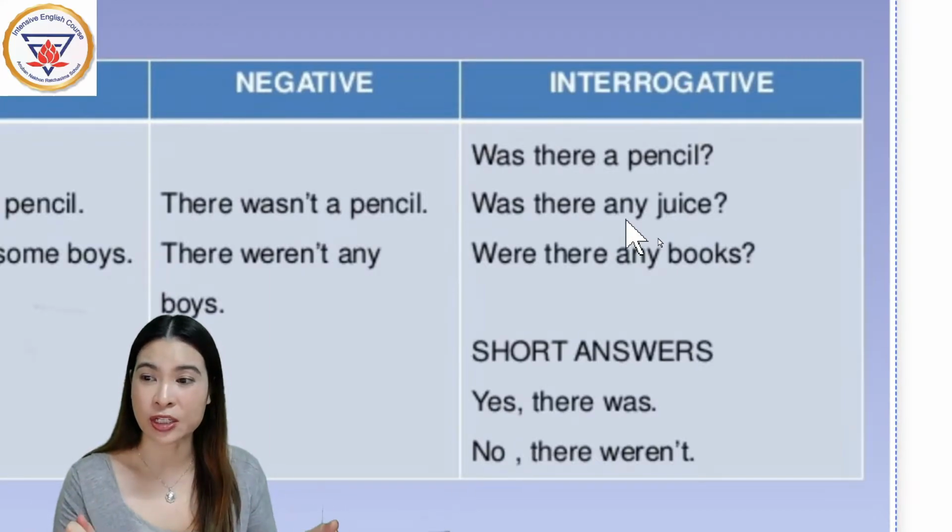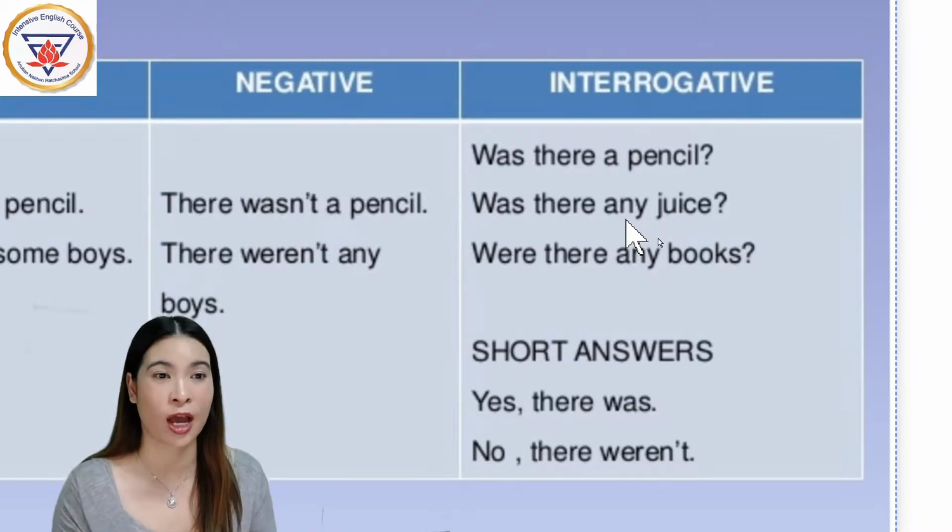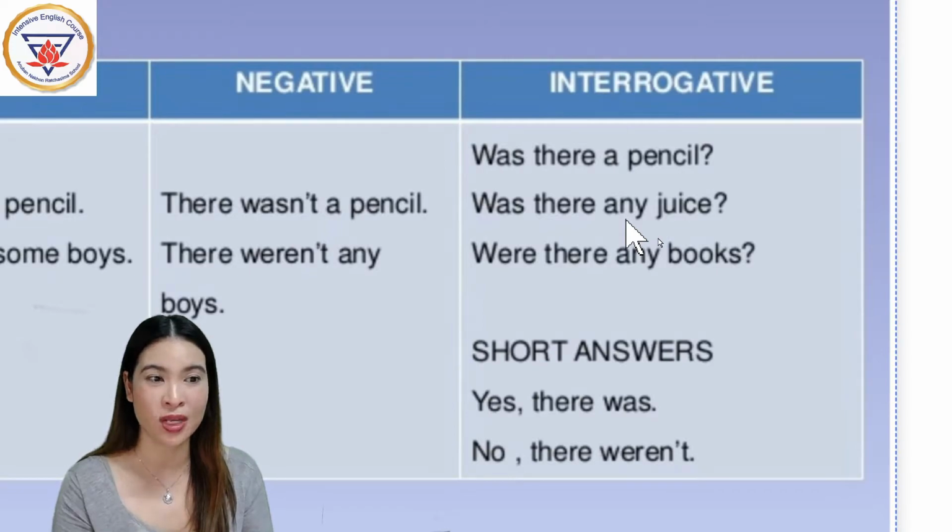But in English, we have uncountable nouns. It means the nouns that you cannot count, and juice is one of them. Juice is an uncountable noun, so that is why we are using any with juice. Understand?